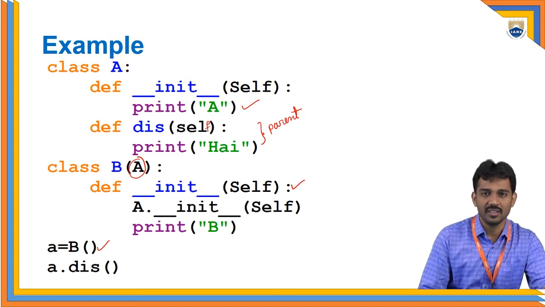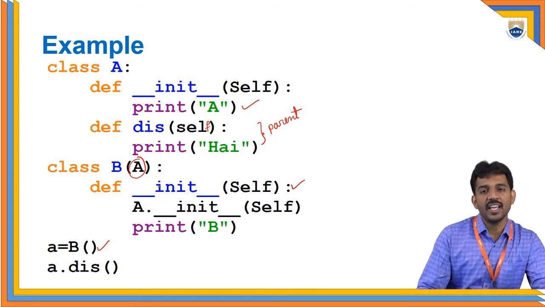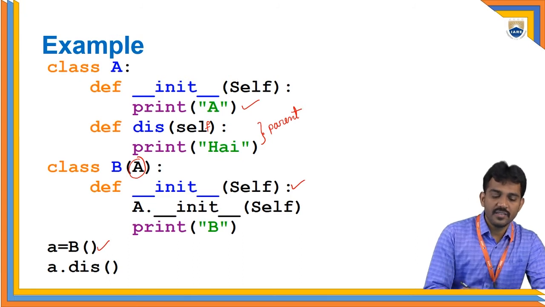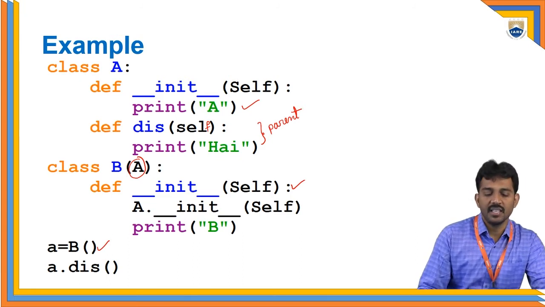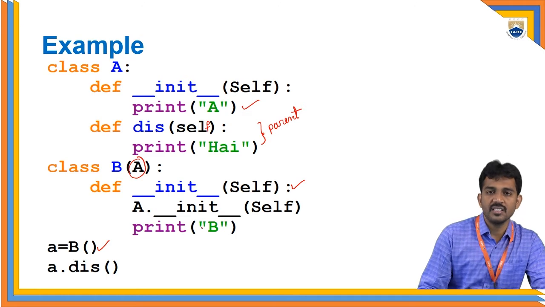It is inherited, right? That is the reason it doesn't generate any error. Is this clear? This is the way you are going to create an inheritance. Reusability means the display function is accessed here without writing it again. Is this clear?